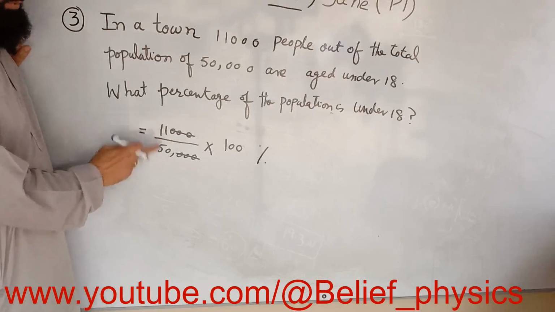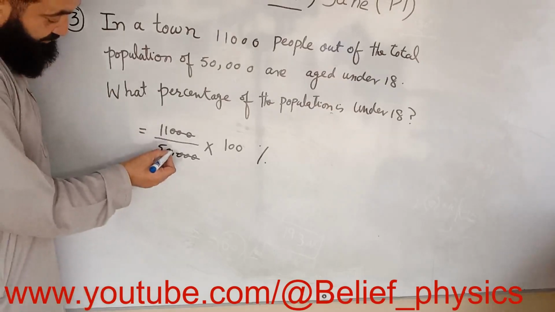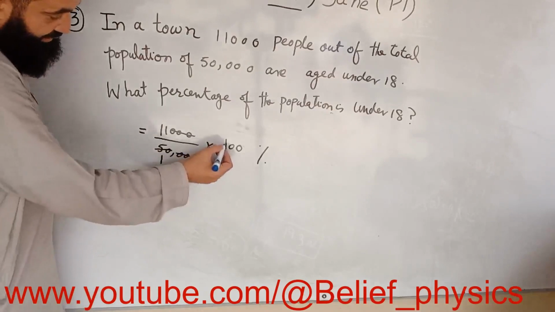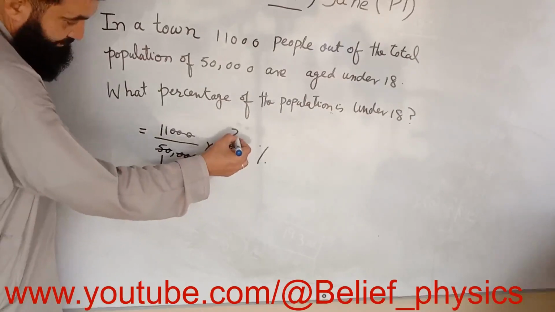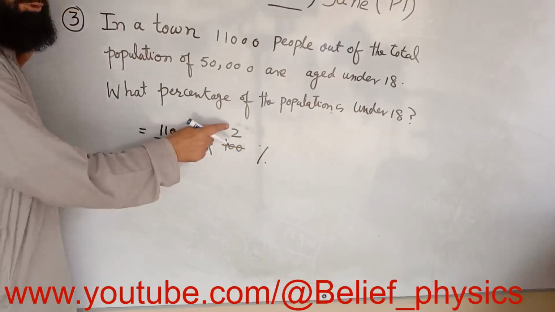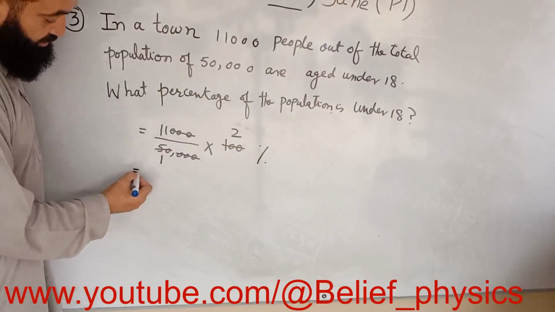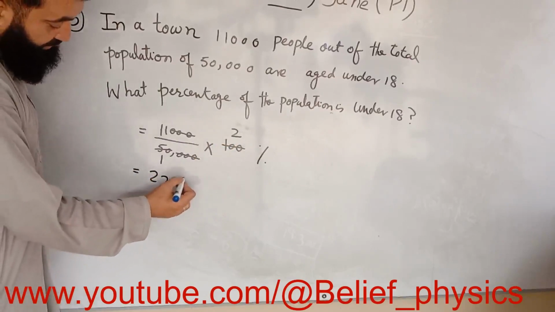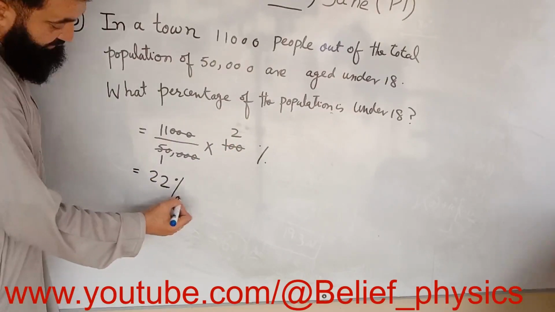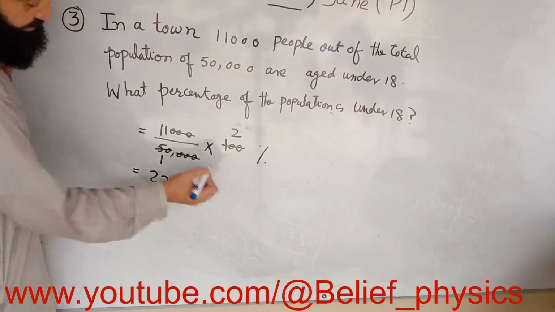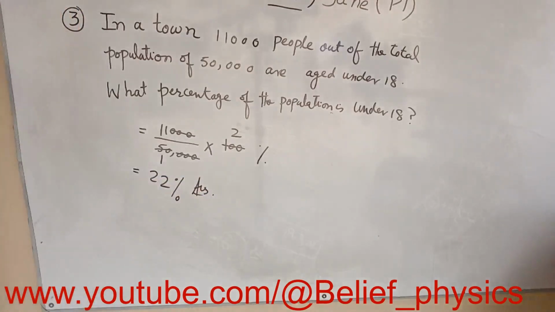So we get 11 by 50. Now this 50 can be simplified with 100. 2 fifties are 100. So we are left with 11 into 2, which is 22. So the answer is 22%, meaning 22% of the population is under the age of 18.